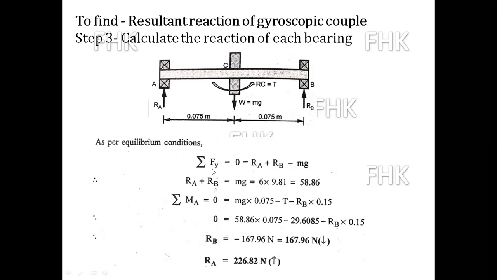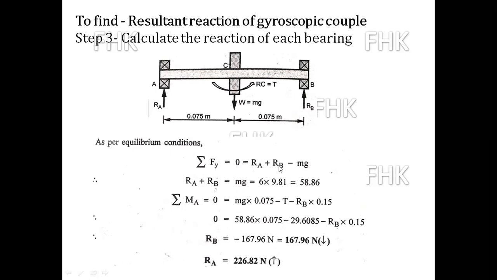This is equal to Ra, the reaction at A, in the upward direction, which I take as positive, plus Rb, the reaction at B, again in the upward direction, so positive. The weight is acting in the downward direction, so it will be minus.